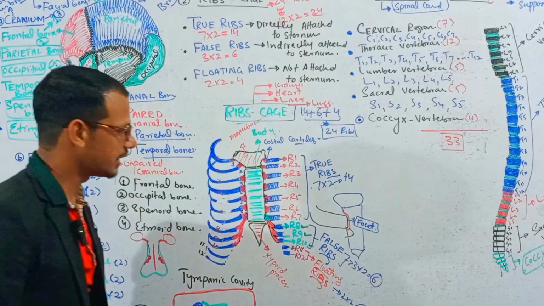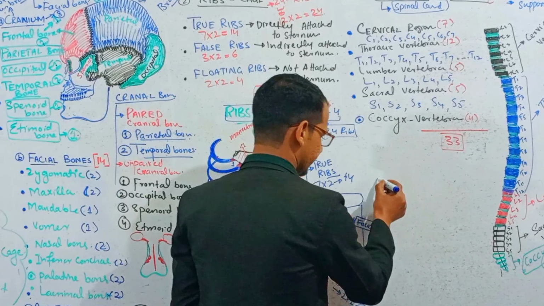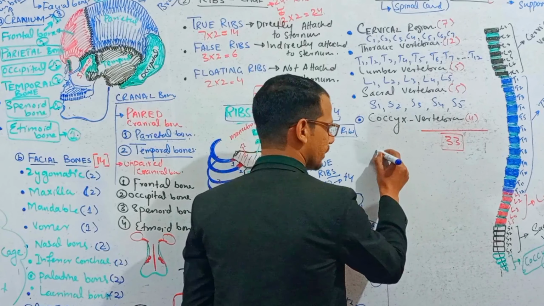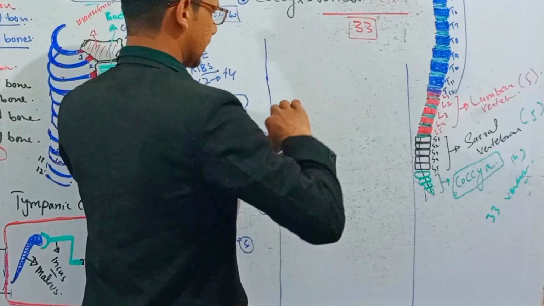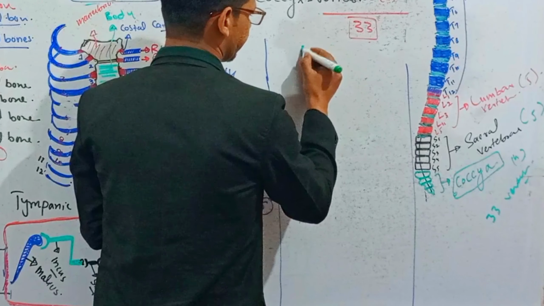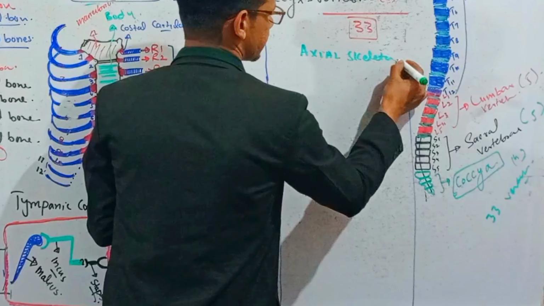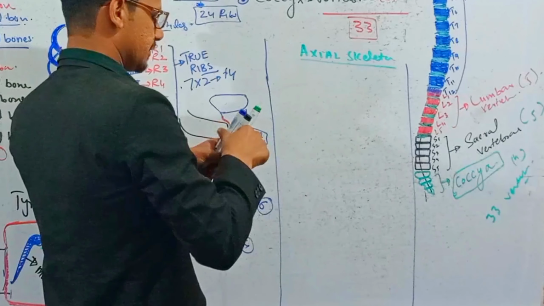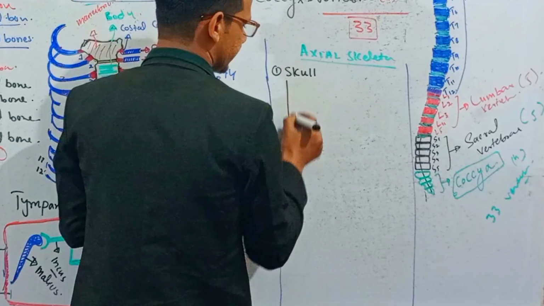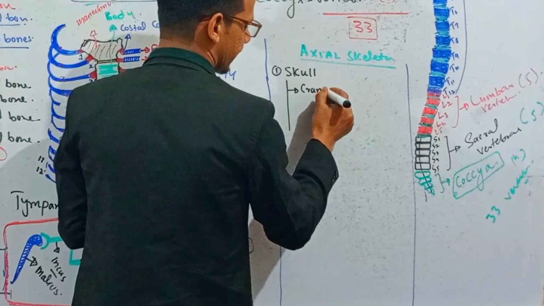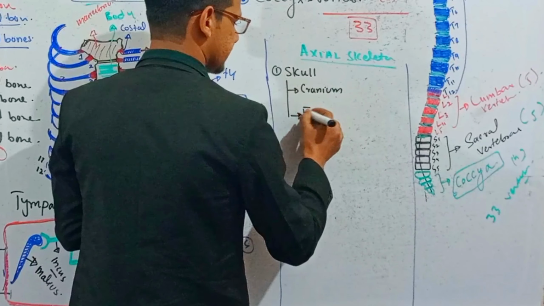If you want to count all these again for confirmation, for example, I have the axial skeleton here. In the axial skeleton, the first part is the skull. The skull is further composed of cranium and face.